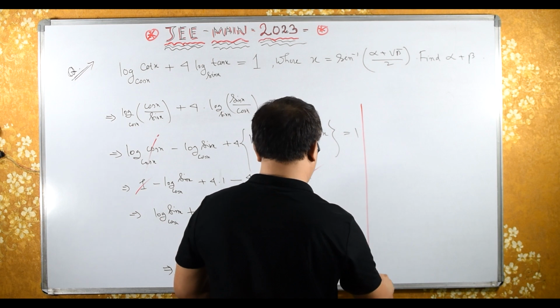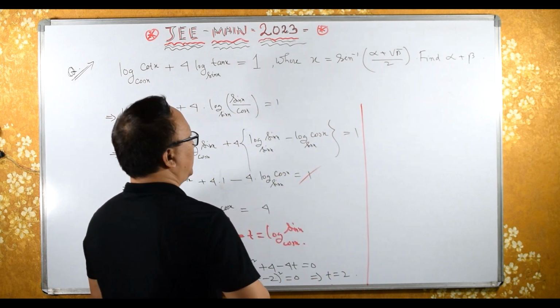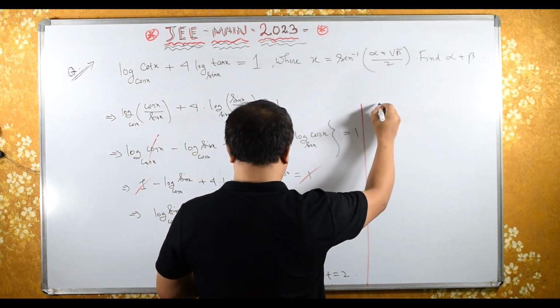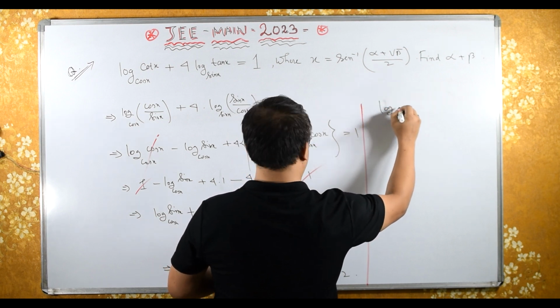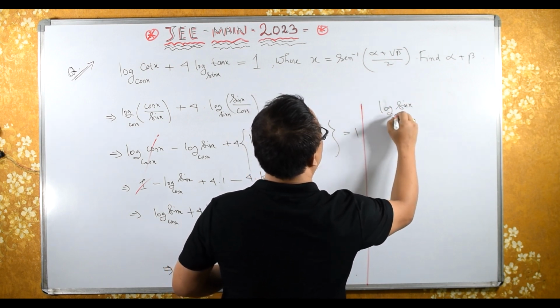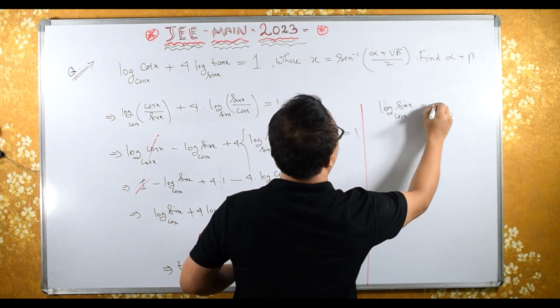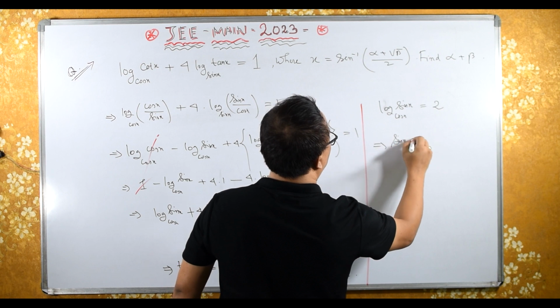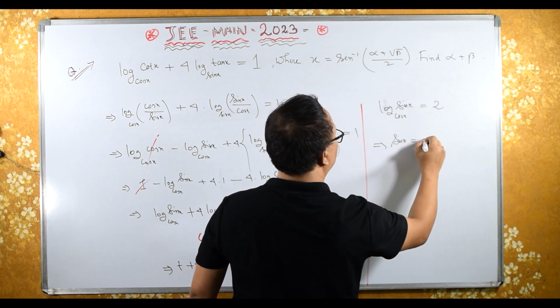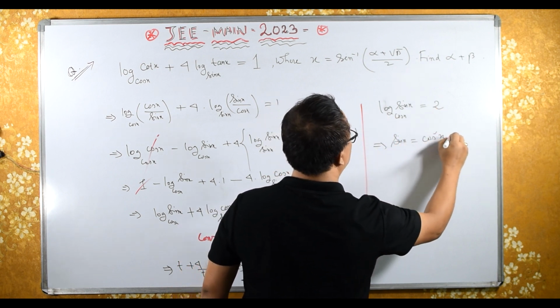Now what is t? T equals to 2 means t is what? Log of sin x to the base cos x equals to 2. This implies sin of x equals to what? By log property is cos square x.